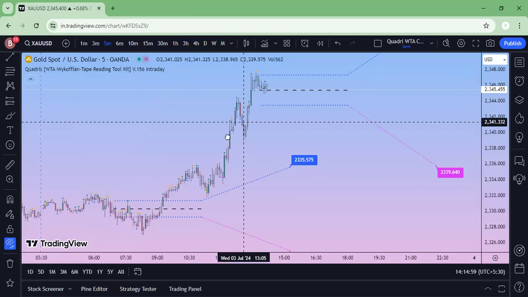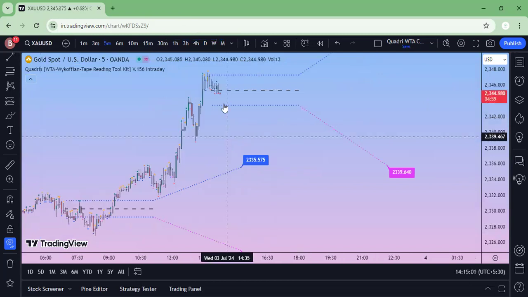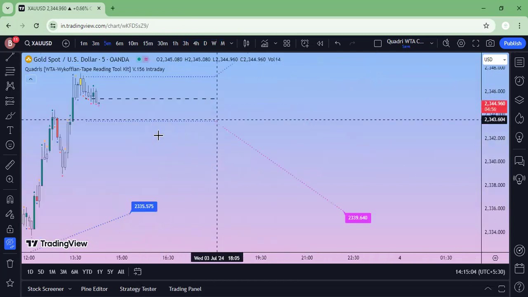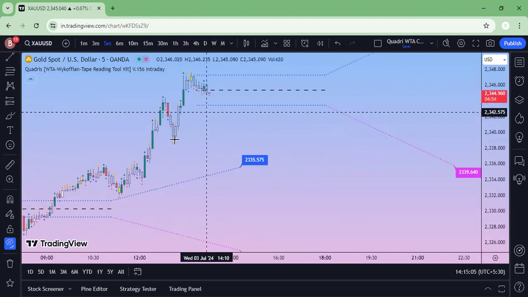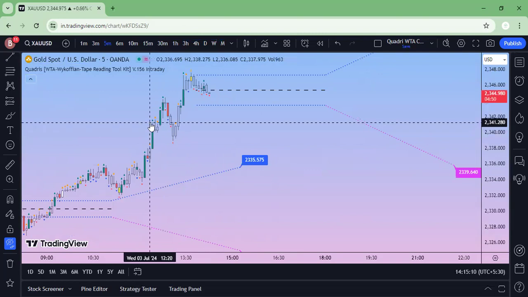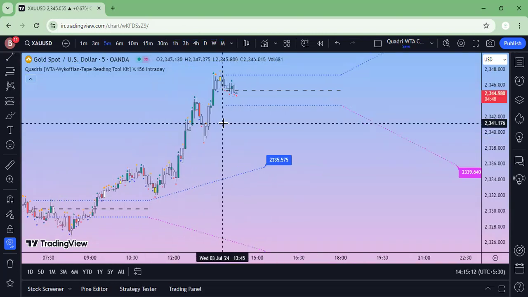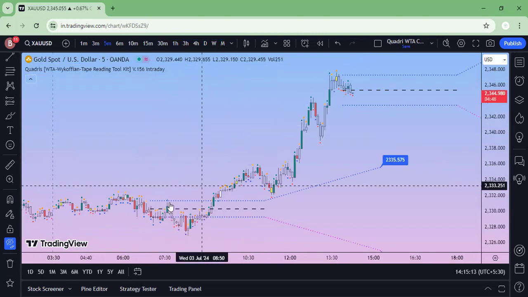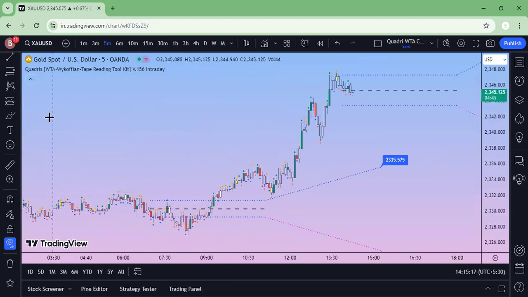This is the recent one which I've developed, purely based on it. What you are able to see is the outcome of two things: one is my tape reading toolkit, another is accumulation and distribution, which I made based on the Wyckoffian schematic.